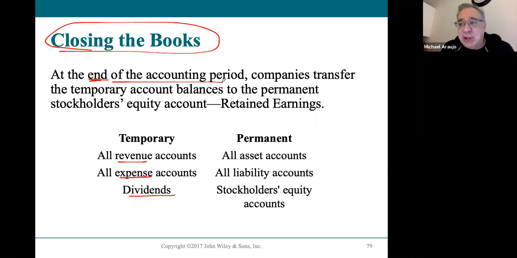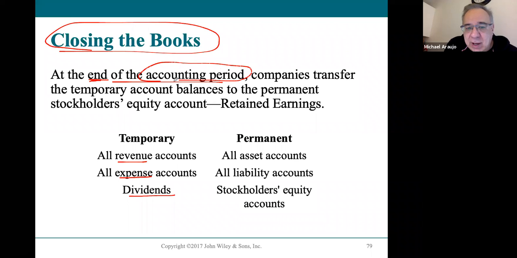The very next day, January 1st, represents a whole new year, a whole new accounting period. And because you have to keep those accounting periods separate, you have to keep your revenue and expense records separate year to year. Dividend records as well.